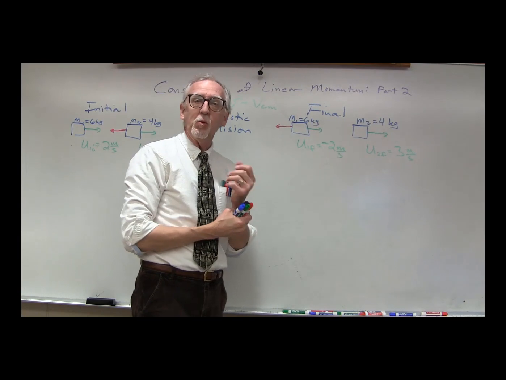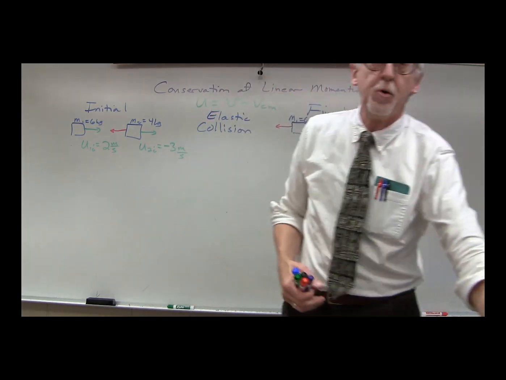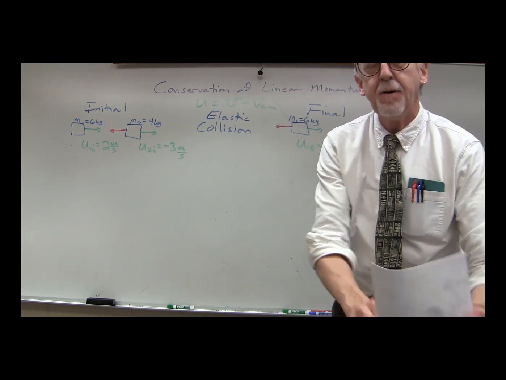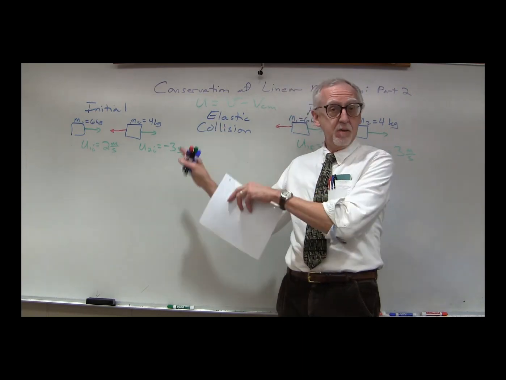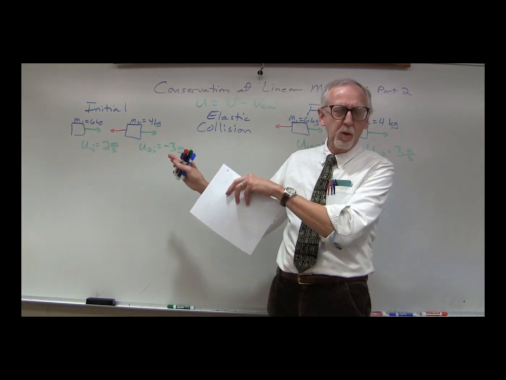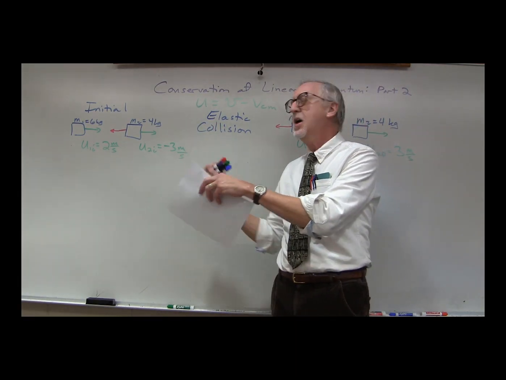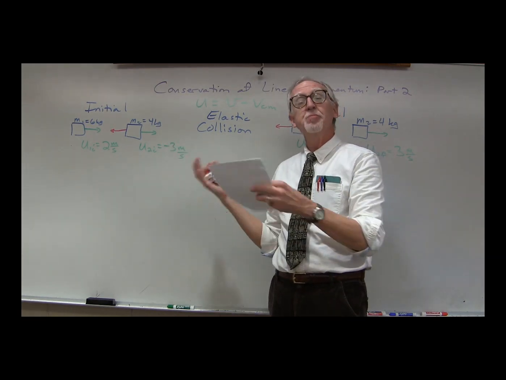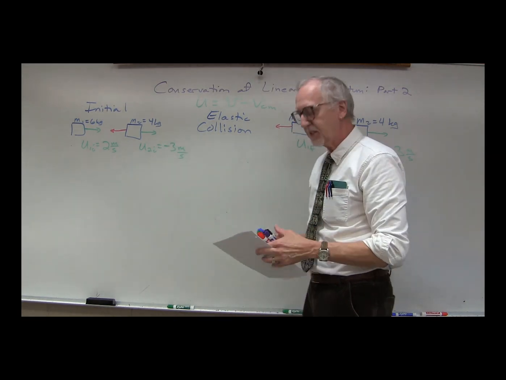So let's calculate what the total initial momentum is, just like we did for the initial frame when we had both objects moving to the right and we calculated the total momentum. Let's do the same here.